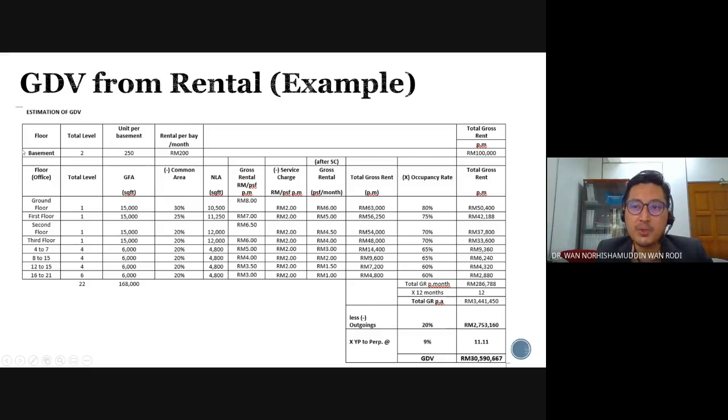There are a few steps you need to take before you come out with the GDV from rental. So for example, let's say this is a purpose-built office.